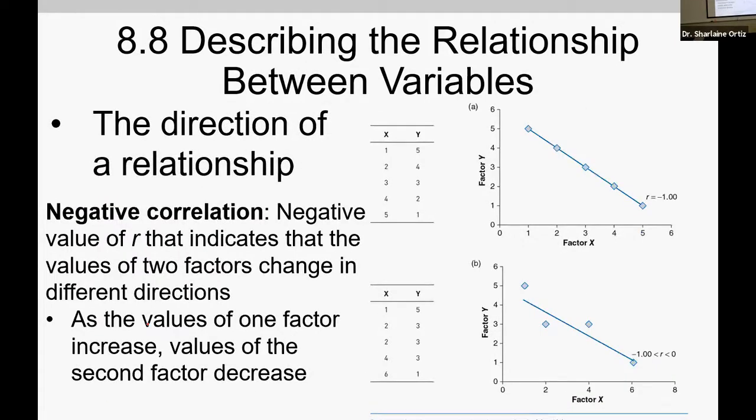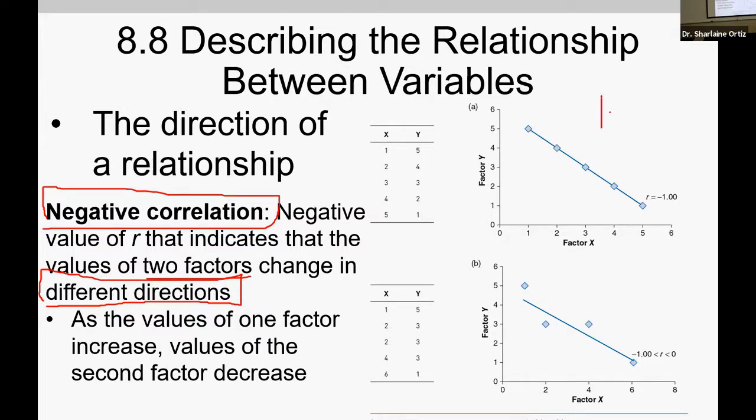Now, conversely, we've mentioned this before, but let's talk about it very briefly. And that is a negative correlation, right? A negative correlation is telling me that the two factors are going to move in opposite directions. They're going to move in different directions.